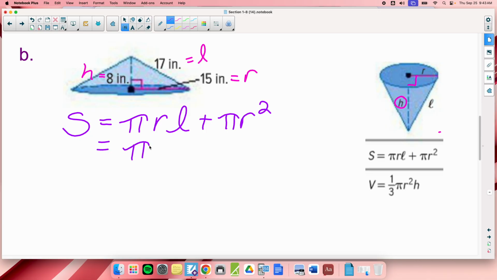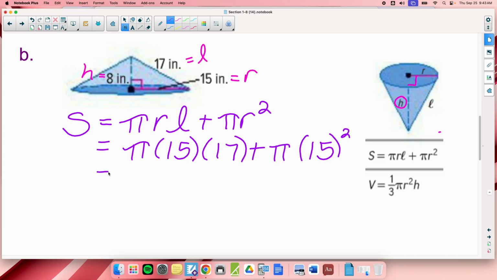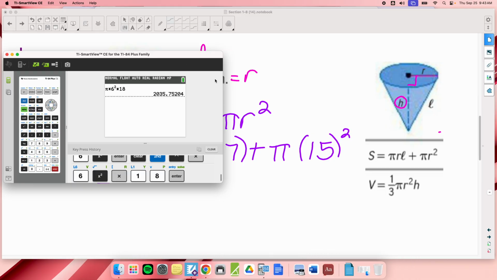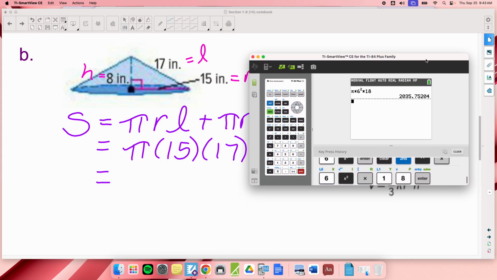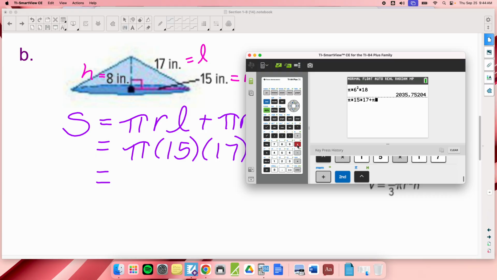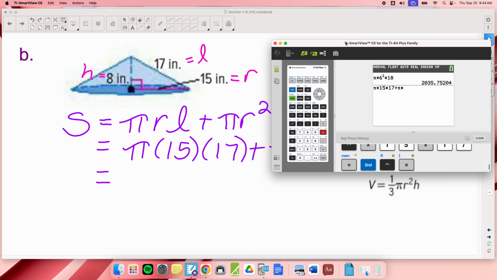We're gonna go pi, our radius is 15, our slant height is 17, plus pi times the radius 15 squared. Okay, so let's go to our calculator and type that in. So you're gonna go second up arrow to get your pi if you have a graphing one, times 15 times 17 plus, and then it's pi, so second up arrow, times 15 squared.